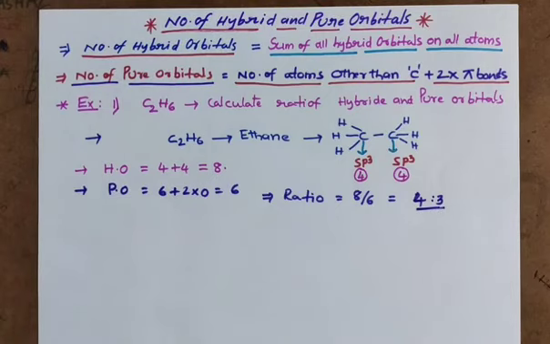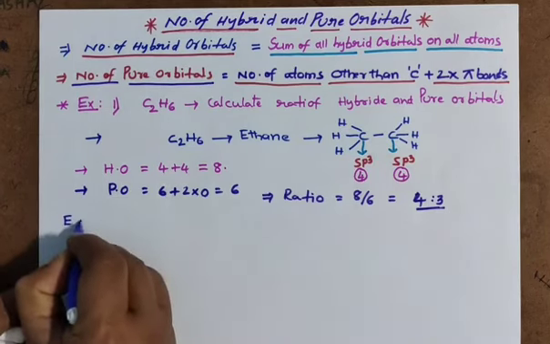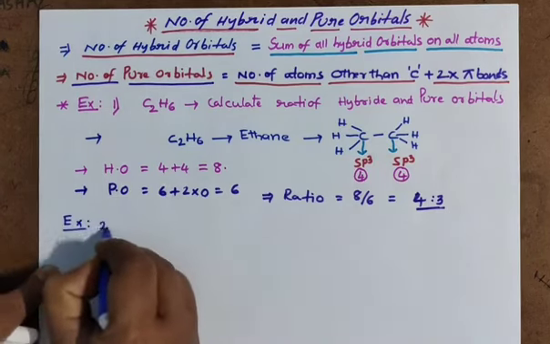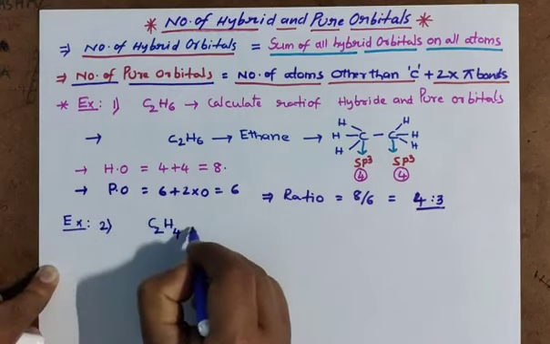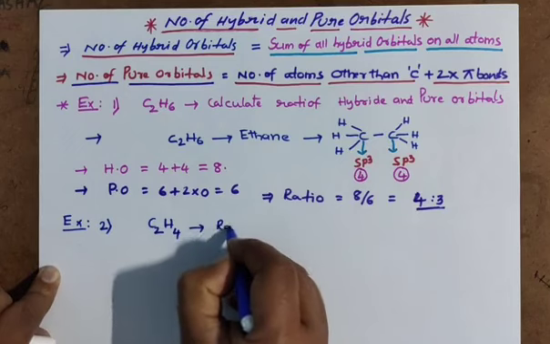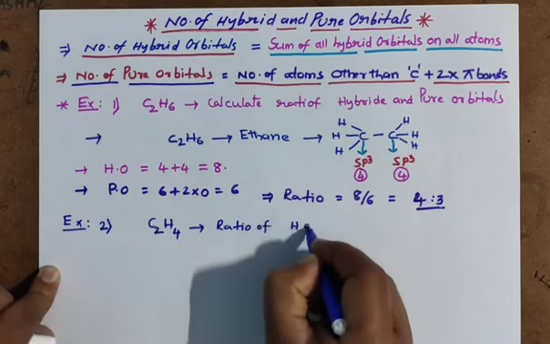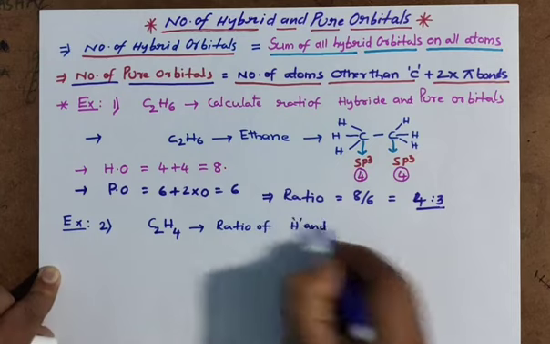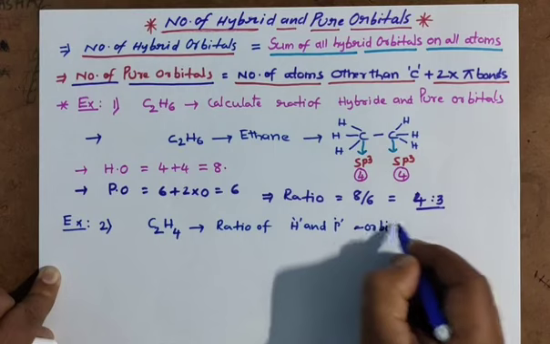Go for another example I am giving. Example number 2. C2H4. Ratio of hybrid and pure orbitals.